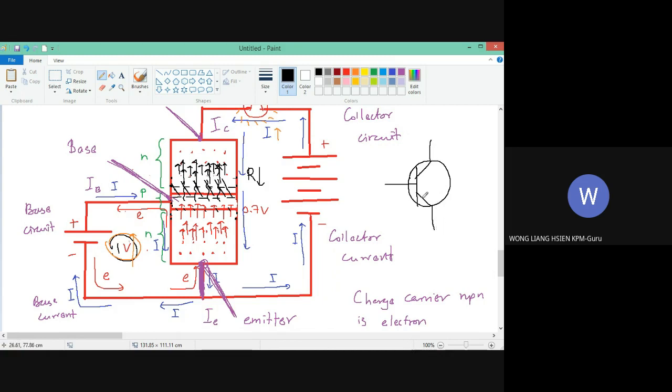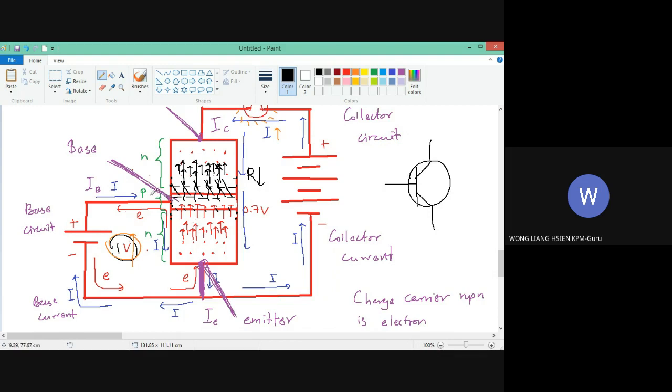Now the arrow depends on whether this is NPN or PNP. See, this is NPN. So the current flows from where to where? The current flows from positive to negative.